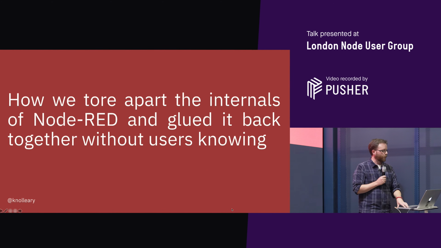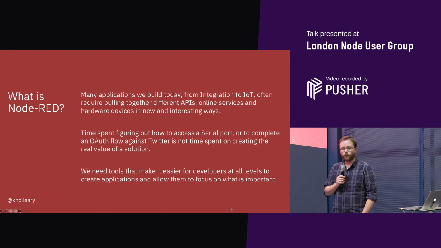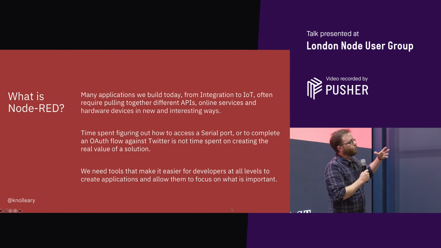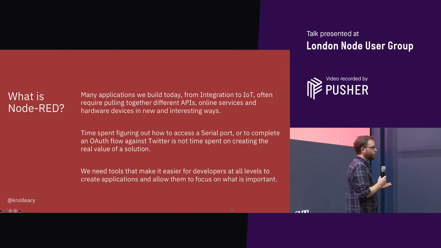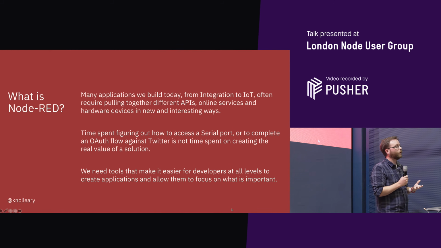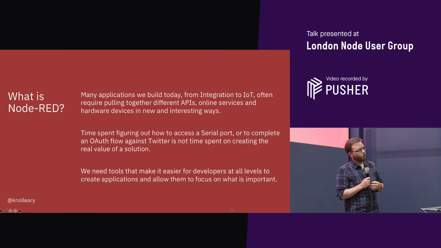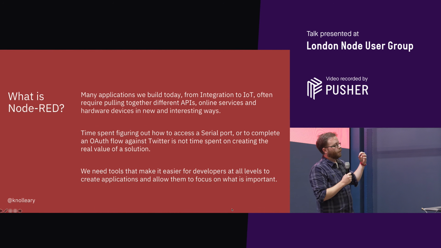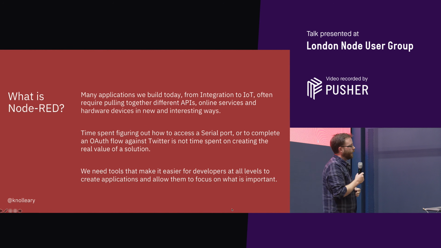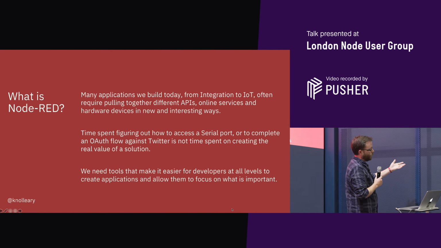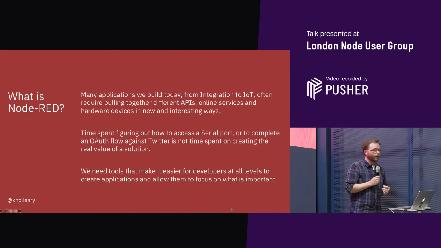So for all those wondering what it is, Node-RED has come from the IoT space about how do you create event-driven applications. Although it's not limited to IoT, any sort of event-driven application, whether it's creating a REST API, integrating systems, or listening for sensor events from a bit of hardware.